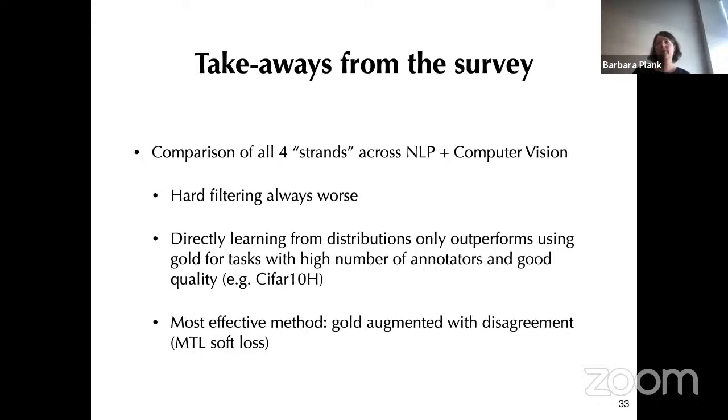So we noticed that, for instance, on the CFAT-NH dataset, which has quite a high number of annotators and of good quality, so the raw agreement between the annotators is quite high, then directly learning from the distribution was very helpful. In the other cases, overall, we saw that this multitask learning with the soft loss, so augmenting the gold with this disagreement labels, was very effective. It was one of the most beneficial methods here, outperforming also the previously proposed weighting approach.